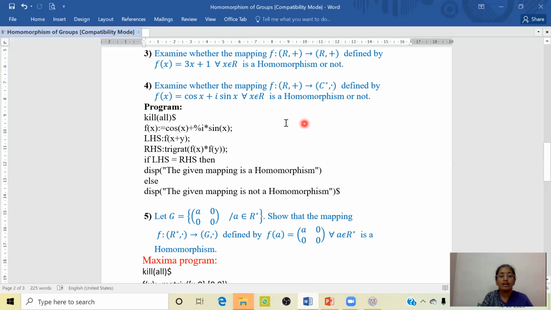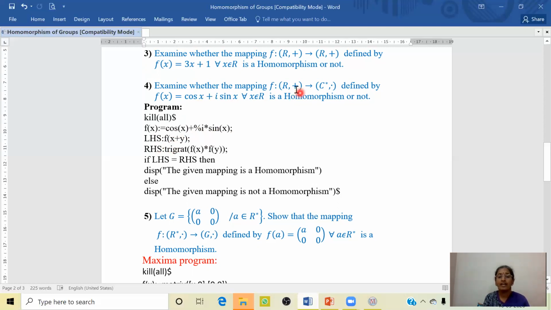So let us see the Maxima program here. kill(all), and the next line is the given function, that is f of x. Here once again colon equals, and cos of x is typed as cos, open the bracket, x, close the bracket, plus i is typed as %i into sin x, so star sin of x. Now once again the left hand side is f of x plus y.